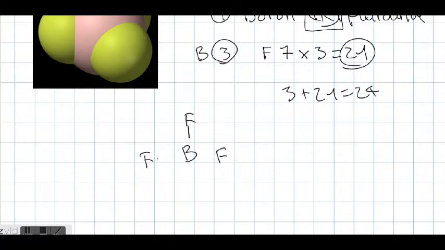So 1, 2, 3, making 1, 2, 3, 4, 5, 6 valence electrons. Now we've already created these bonds, but we still have 24 minus 6 equals 18 valence electrons left. Now we have 18 to distribute around the compound.